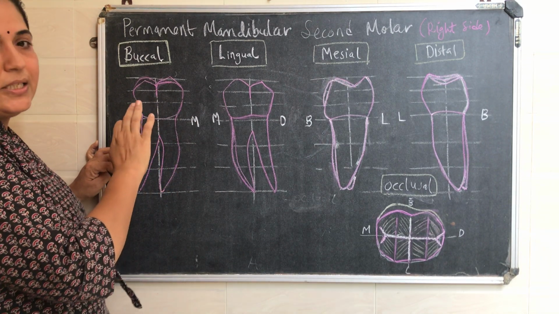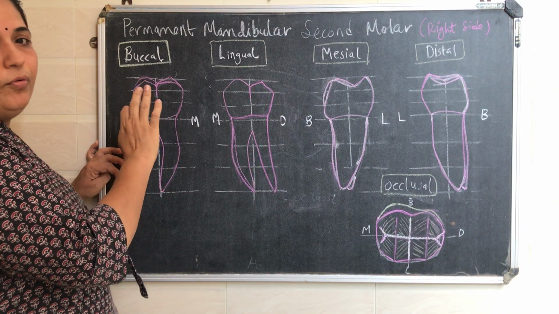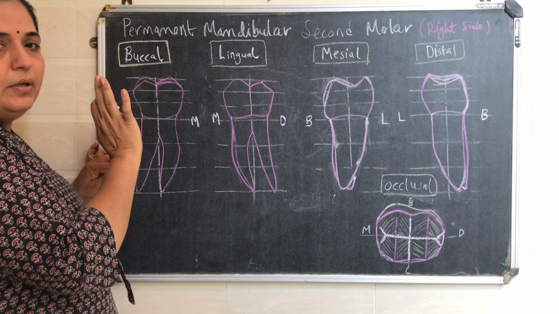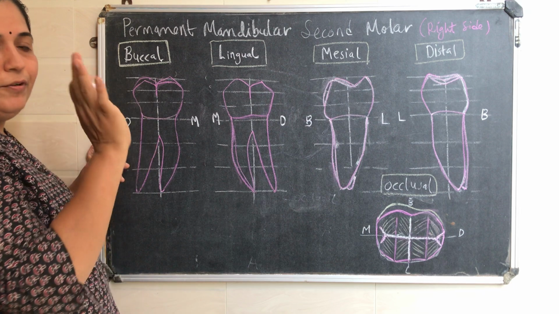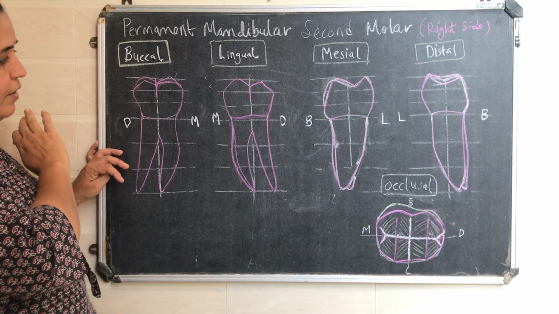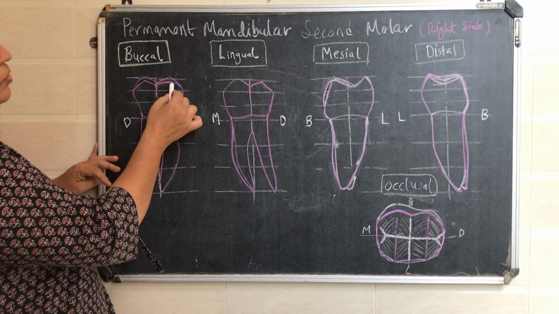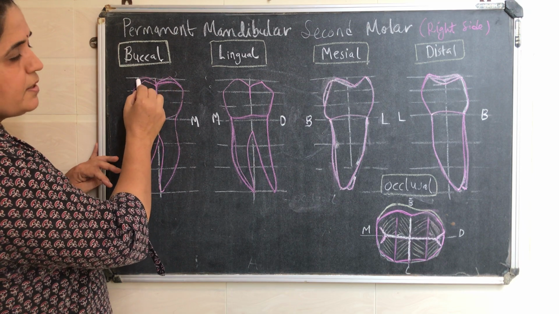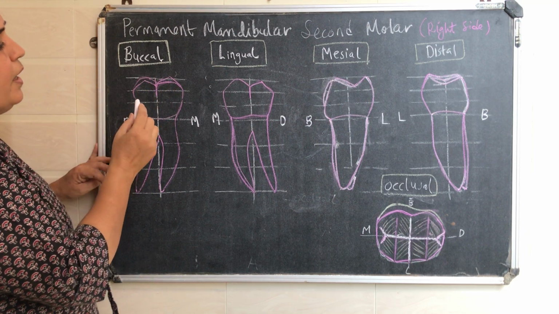So from buccal aspect, you can see all 4 cusps in mandibular second molar. In first molar, you can see 5 cusps, right? So that is the difference. You can see that the buccal cusps are flat, the lingual cusps are sharp and higher.